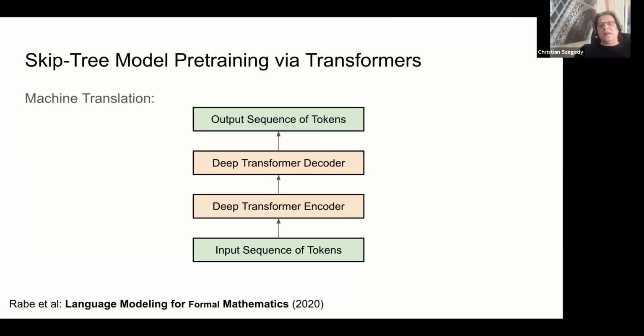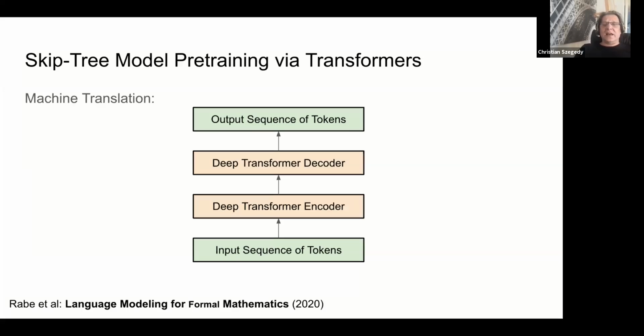We took a lot of formal mathematical statements in formal description and dropped subtrees from them. Then the task of this neural network is, using this next token prediction idea, to predict the whole sequence of the missing part of the formula. And we just use the same transformer network that everybody uses in natural language processing.